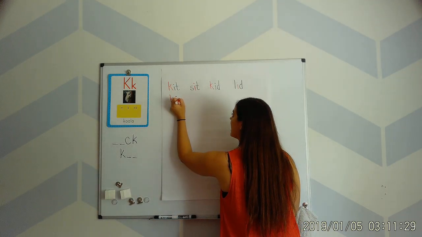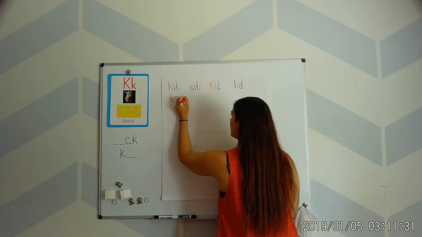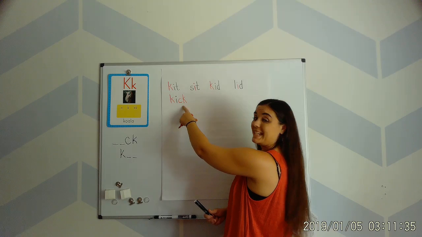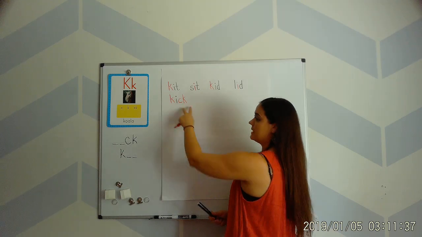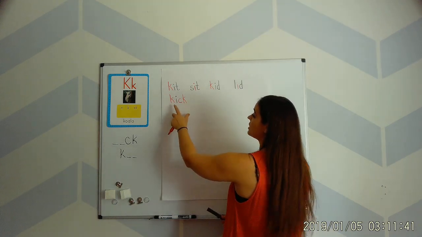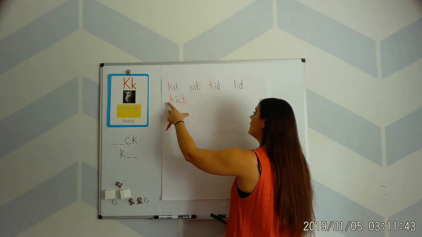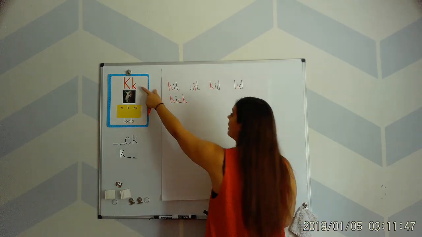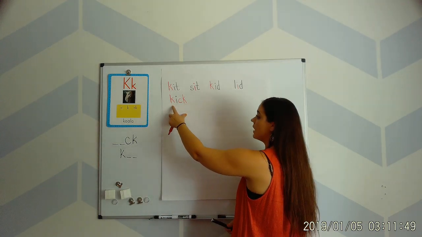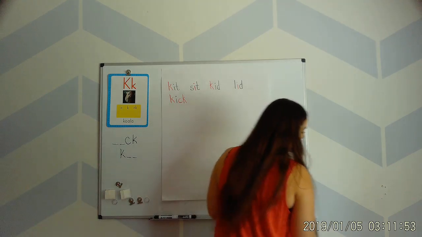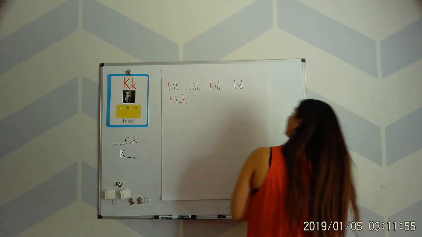So since that ka sound is at the end, we're going to spell that with CK. Okay, so it's 4 letters, but it's only going to have 3 sounds. So ka, i, k. Kick. Right, next word.